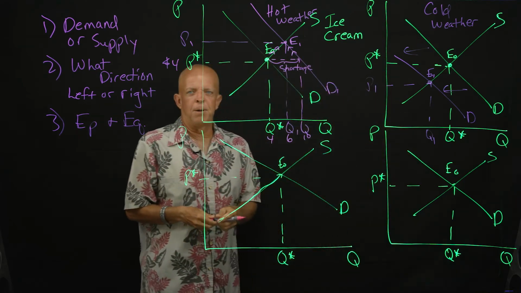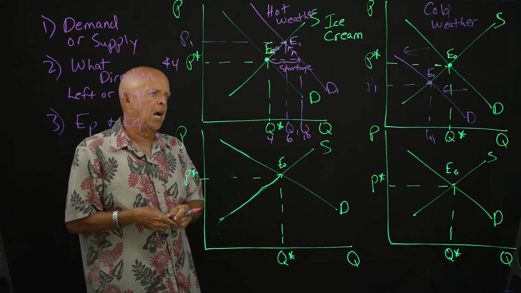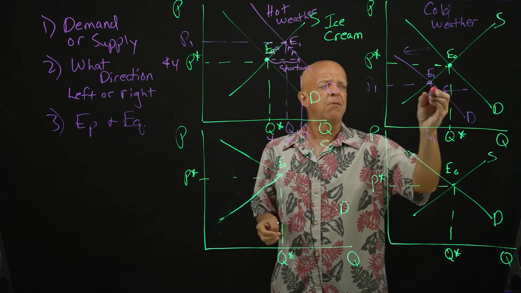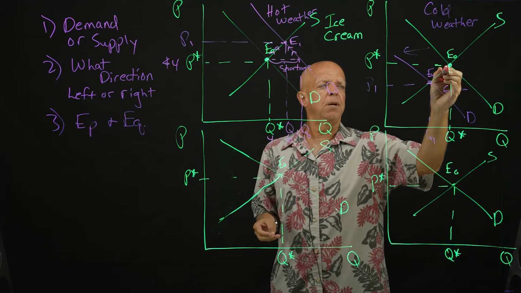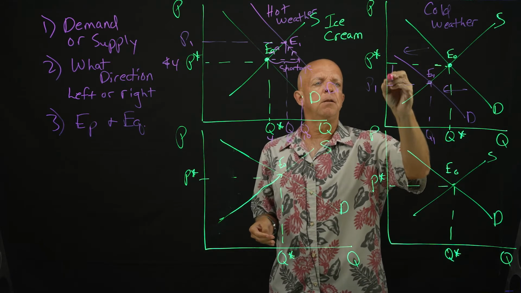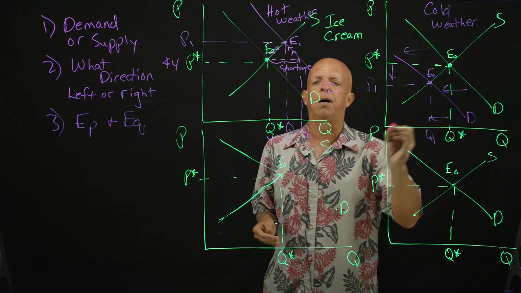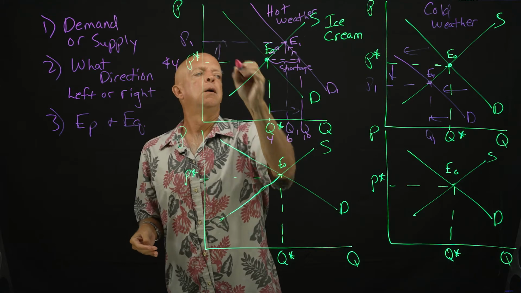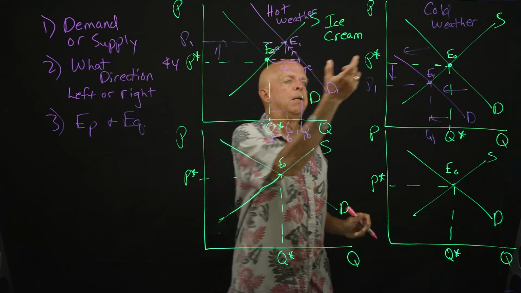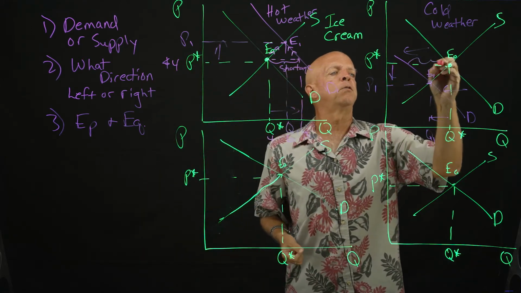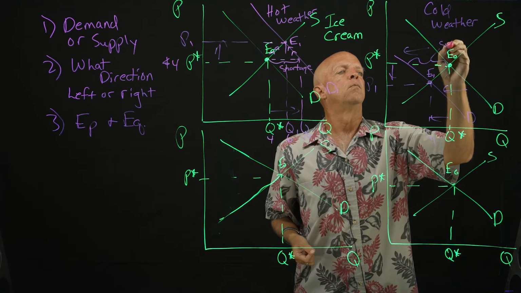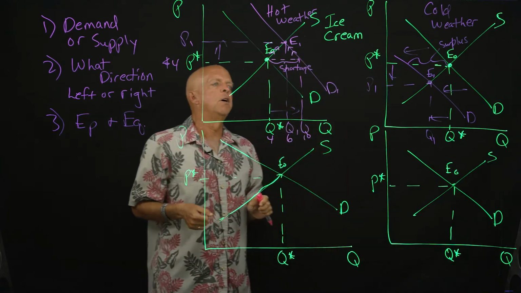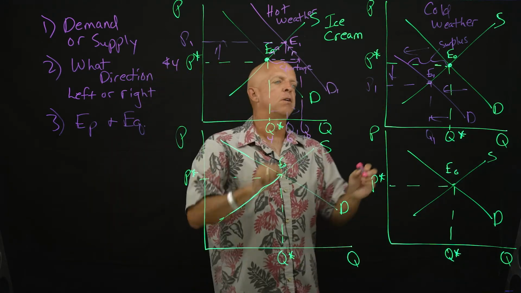There's going to be a drop in demand for ice cream given the cold weather. So we have a shift, a drop in price and a drop in quantity. In the earlier case we had an increase; here we have a drop. But now we have a surplus.